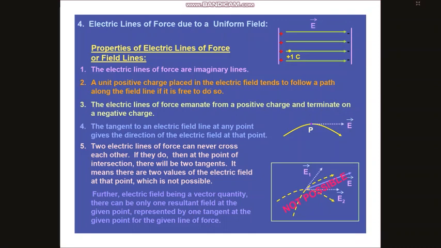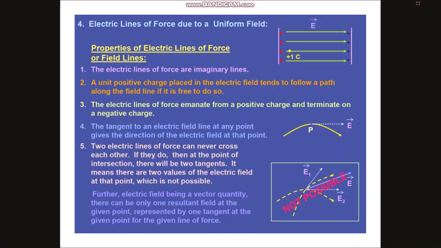Third, the electric lines of force emanate from a positive charge and terminate on a negative charge. Fourth, the tangent to an electric field line at any point gives the direction of the electric field at that point. Fifth, the two electric lines of force can never cross each other.